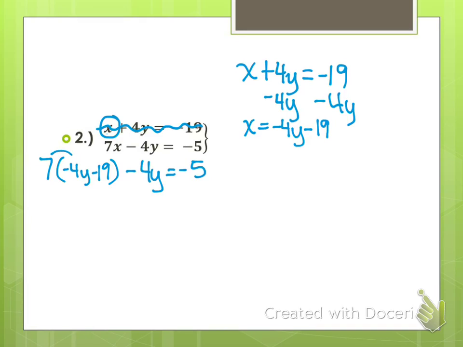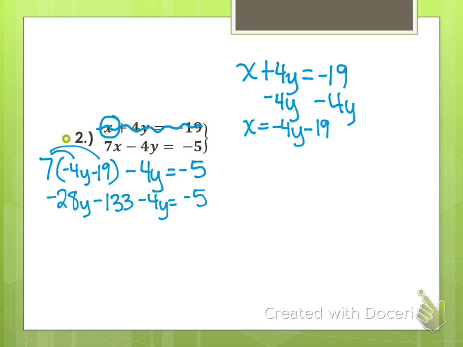So the first thing to do would be to distribute 7 times -4y. Good, -28y. 7 times -19 is -133. We still have a minus 4y equals -5 after all of that.